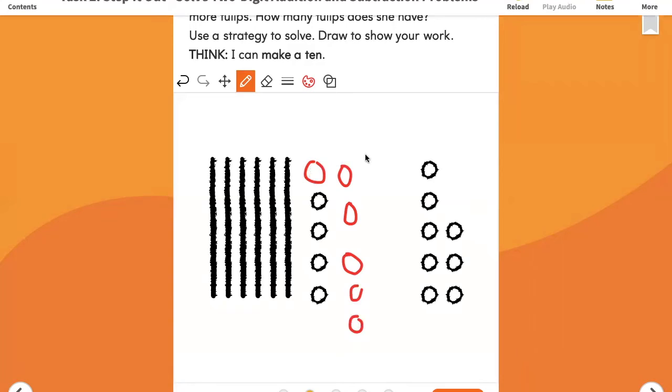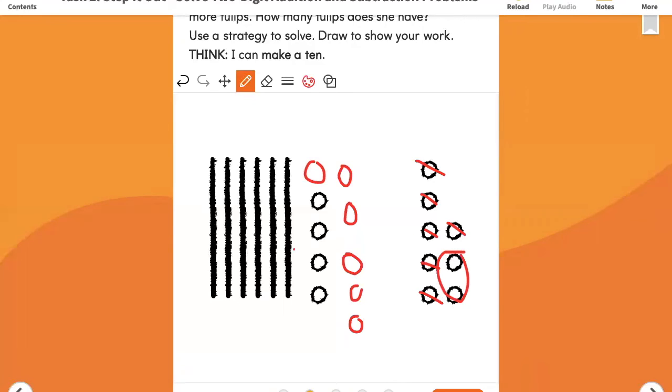I borrowed 1, 2, 3, 4, 5, 6 from 8. So let's cross out 6. I know 1, 2, 3, 4, 5, 6. 8 minus 6 will leave us with just 2.